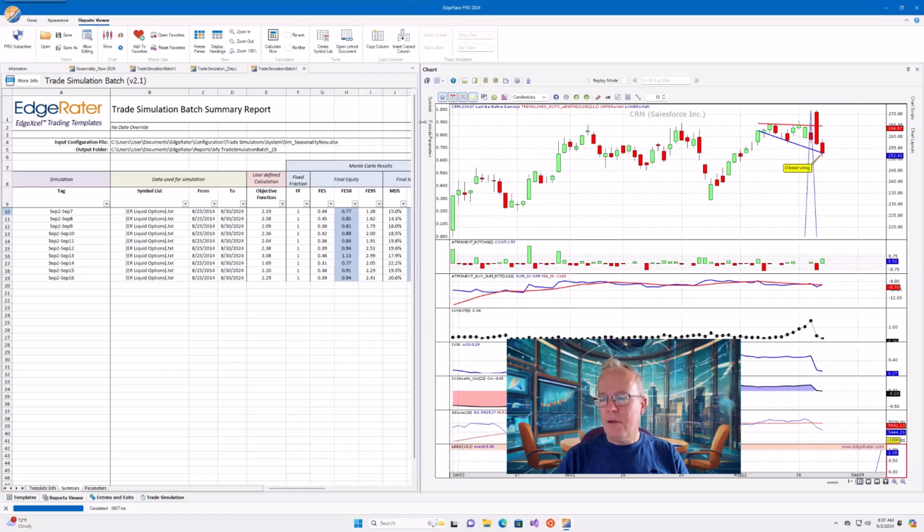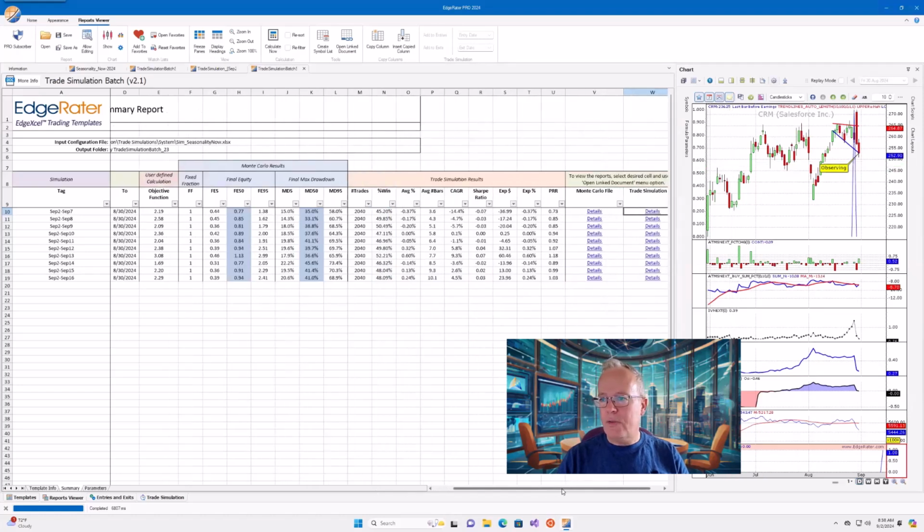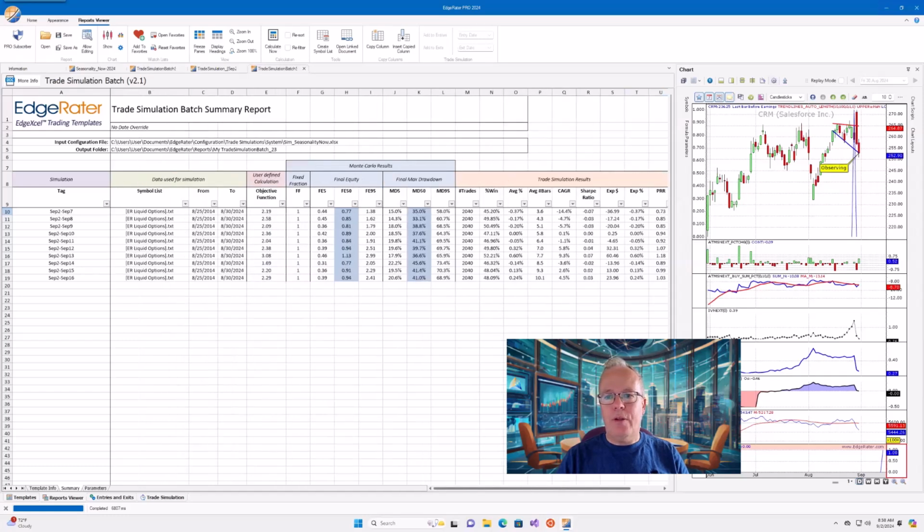And so here's the result of running that over the entire list of stocks. The way the batch report works is it's trading each of those stocks for every year. It's not separating them out into individual trades.